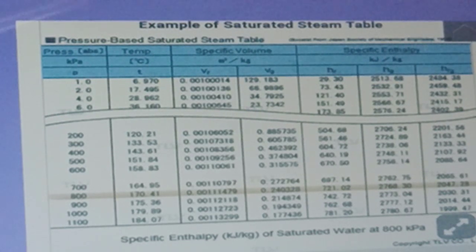The specific volume vf is 0.001, 0.001, 0.001, 0.001, and vg is 129.183, 67.996, 34.7925, 23.7342.